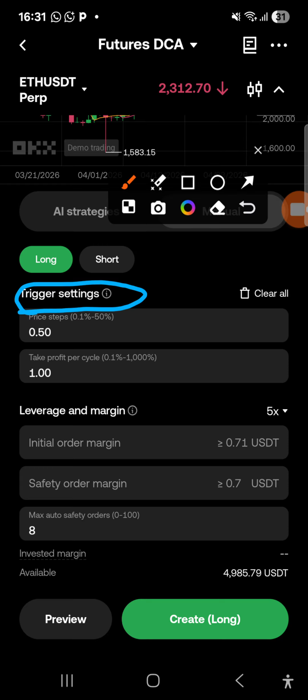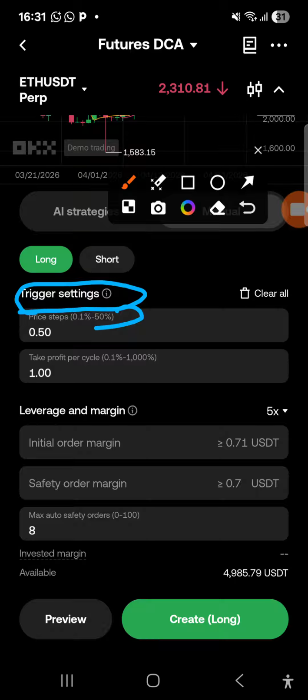Now here, the first one they tell you is price step. For example, 0.1% to 50%. Now here the bot puts 0.50, of which you can put any price that you want.